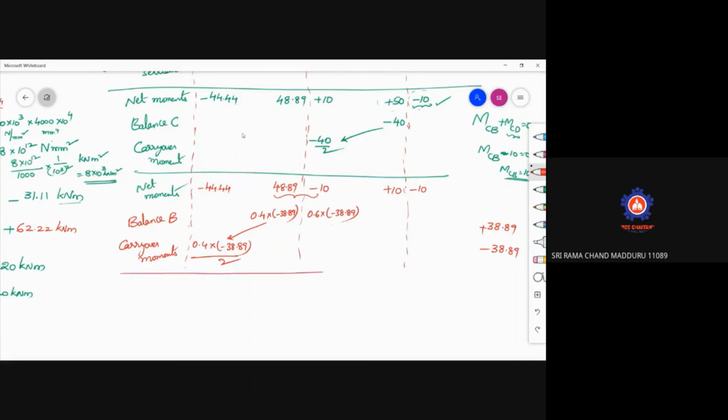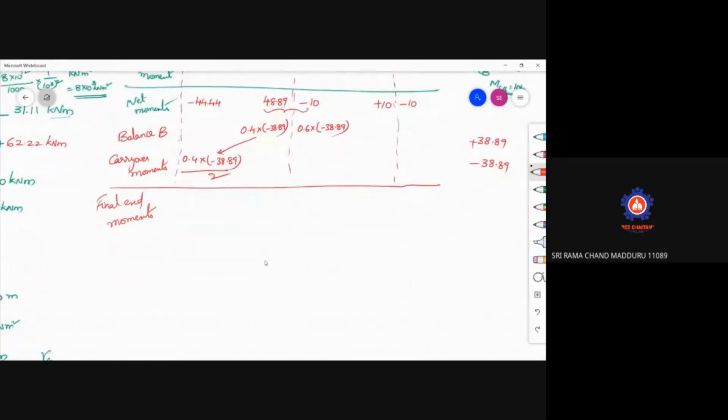So these are the final end moments. After completing these, just add everything: minus 44.44, plus 0.4 into minus 38.89 by 2. So the final end moments are obtained, and this is plus 10, this is minus 10.